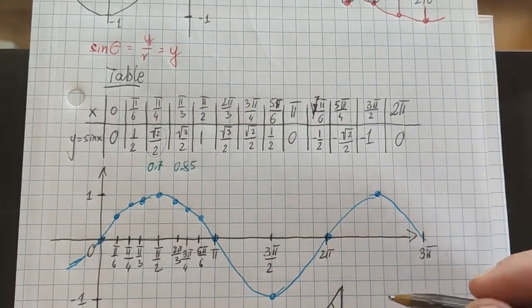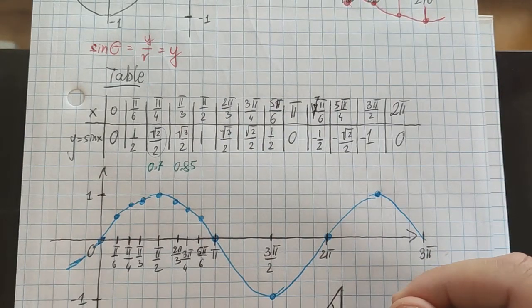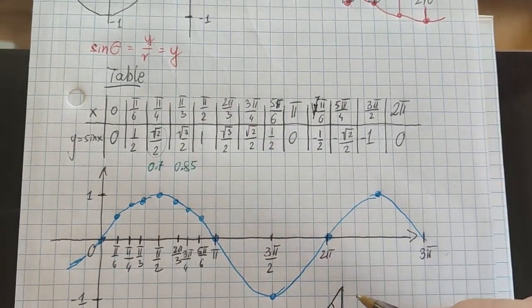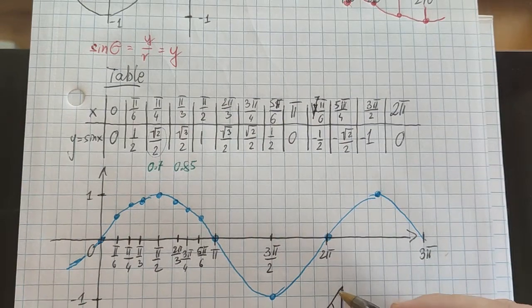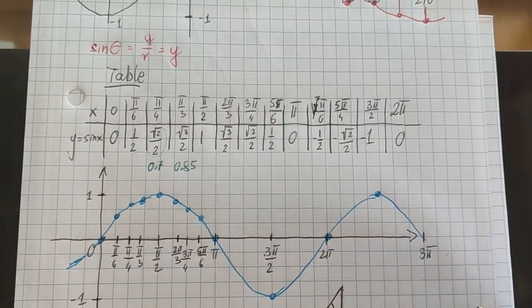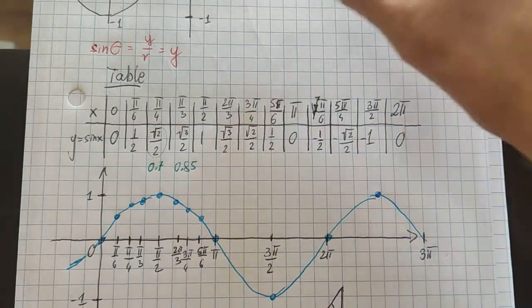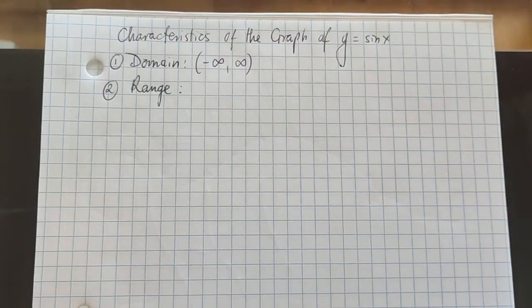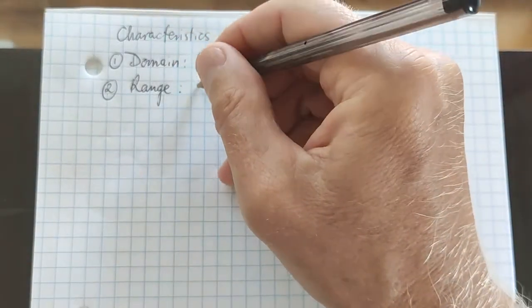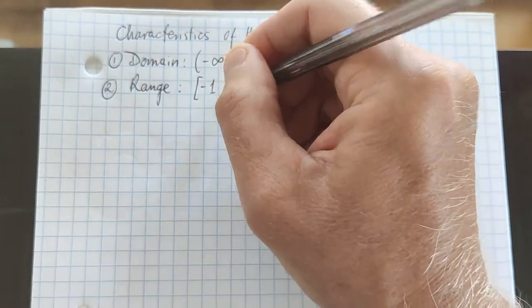The length of this cannot ever be greater than the length of the hypotenuse, so the value of sine cannot be bigger than 1. So the range is from -1 to 1.